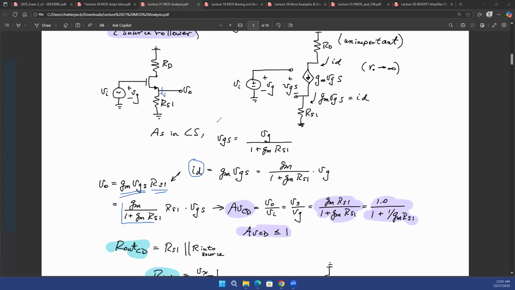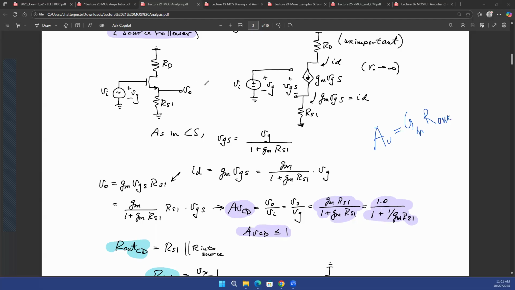The other way of thinking about it is that you already know your GM, which is going to be GM divided by 1 plus GM RS. Now you are interested in what is the R out, because you know that gain AV is going to be GM times R out. That's the same equation that we had used earlier as well. And we will keep on using this equation for the next few classes.